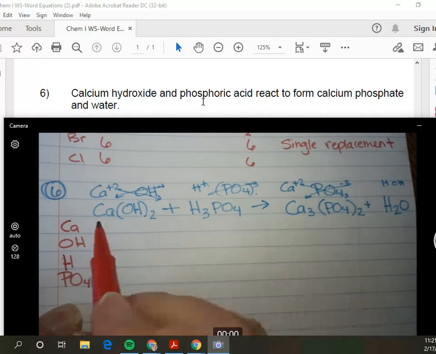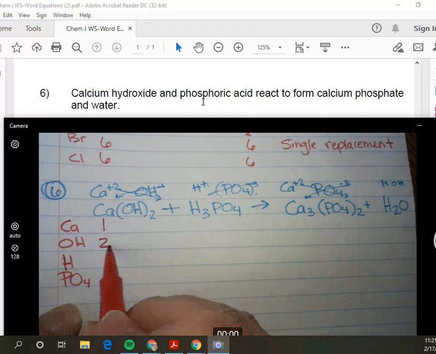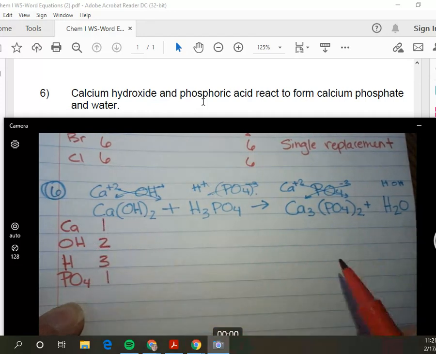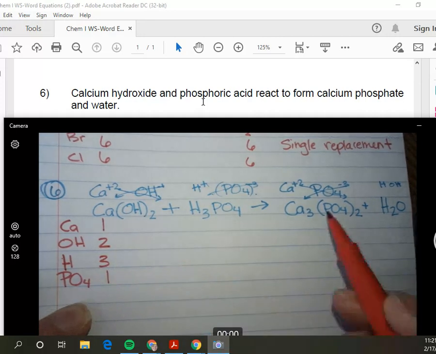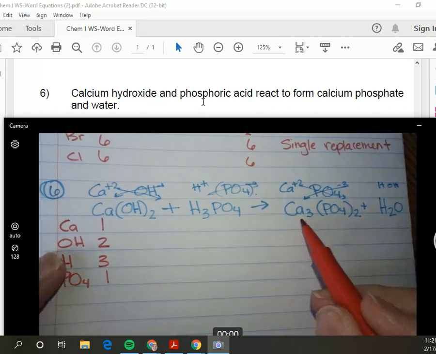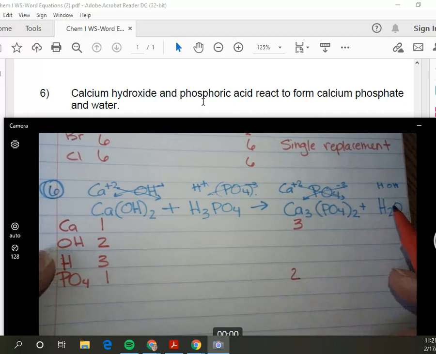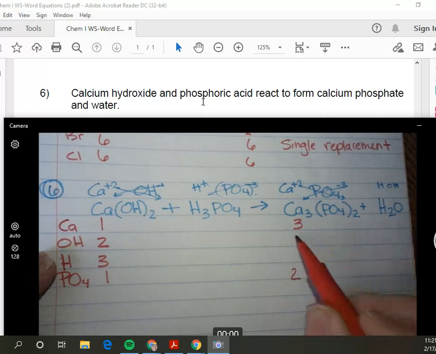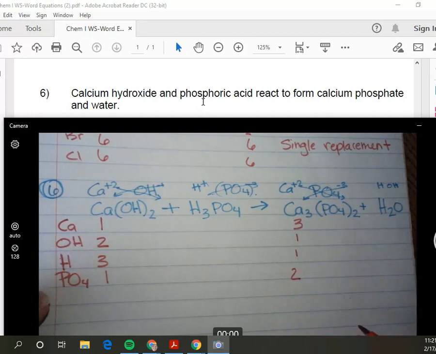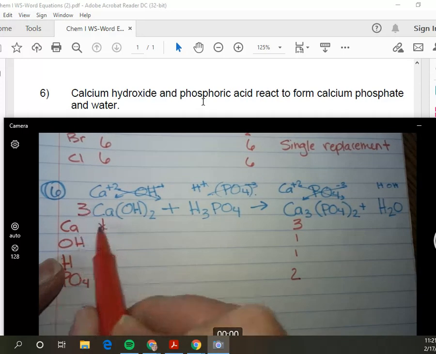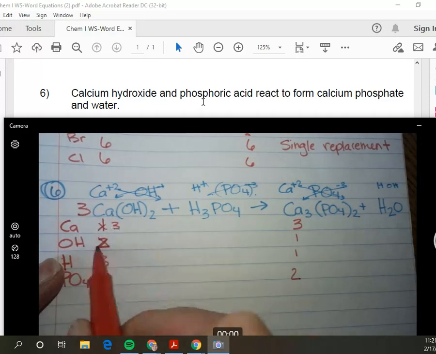So we have 1 calcium, we have 2 OHs, we have 3 hydrogens, we have 1 PO4, and then over here I have 3 calciums, I have 2 PO4s, and I just have 1 H and 1 OH. Okay, well, let's start with, I know I need 3 calciums here, so recount. 3 times 2 now is 6.